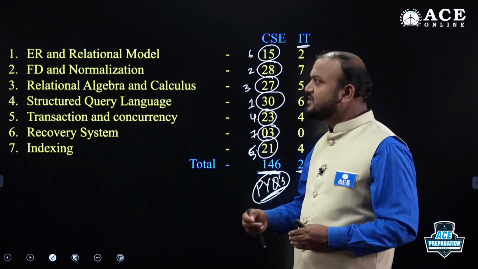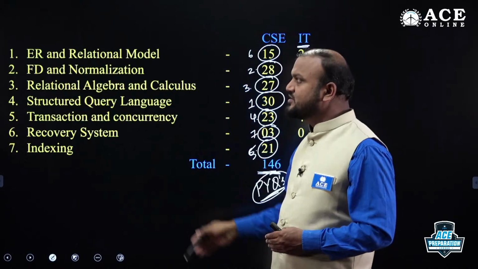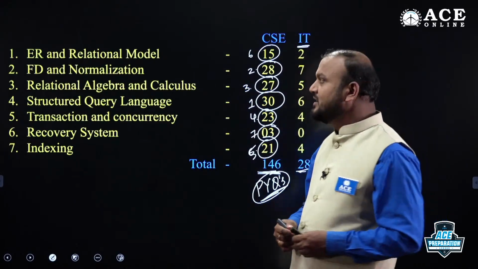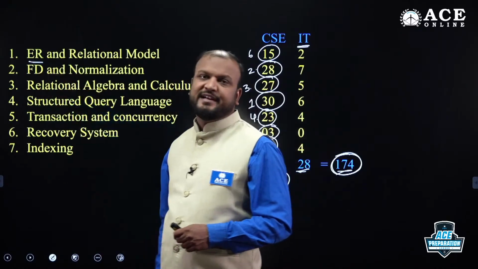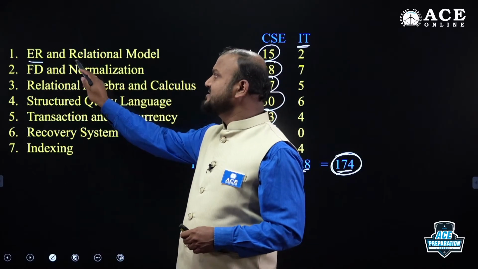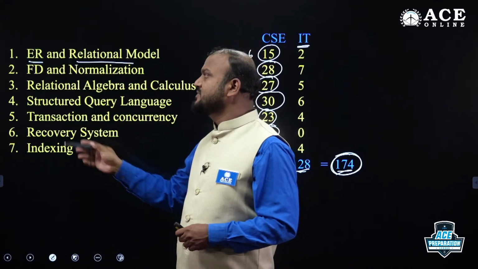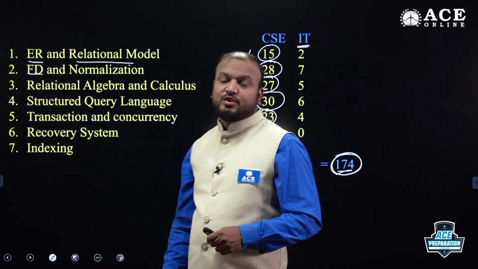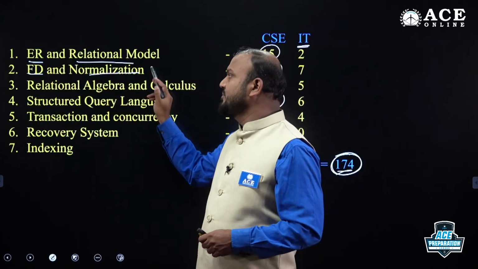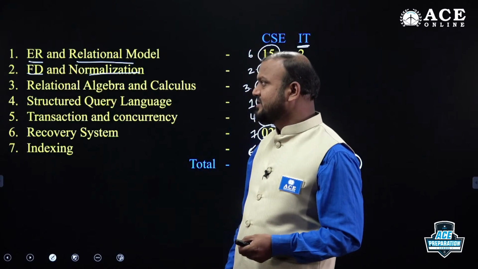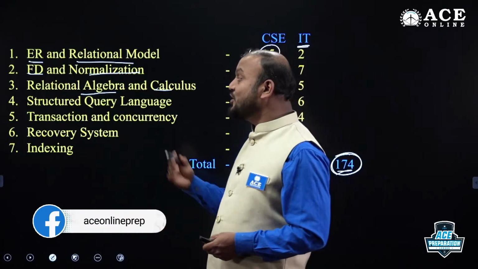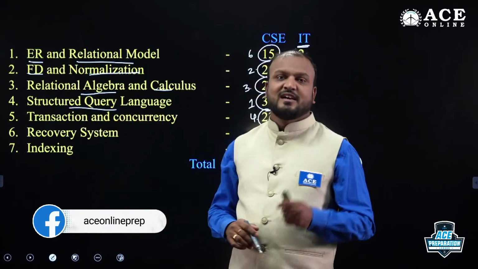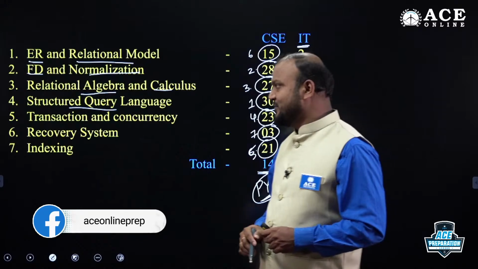While studying, you should follow a sequence so that you will have an idea of how customer requirements are converted into an entity relationship model, how that is converted into relational models, what problems are possible in relational models due to functional dependencies, and how to minimize the problems through normalization. Then how to retrieve data from the database using algebra and calculus, and how it is syntactically represented using query languages.